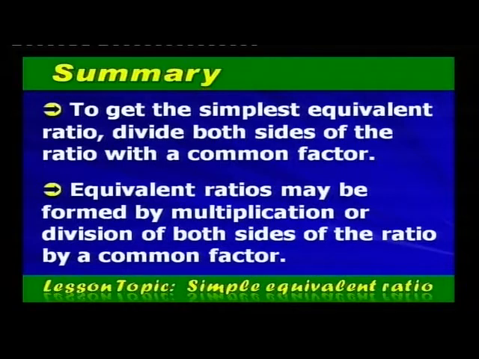Division or multiplication? You divide. Division. You use division. You divide both sides of the ratio with the same number to get to the simplest form. Class, is that clear? Okay.